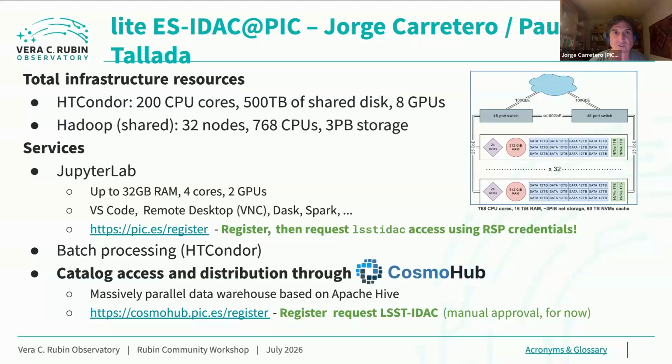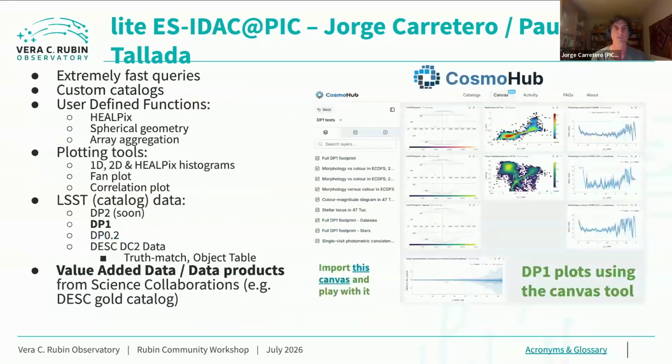Next slide, please. Okay, so these are the main characteristics of CosmoHub, because I think it is interesting to know how it works. You can run any complex and large query. Even if the outputs are very large, it works pretty fast.